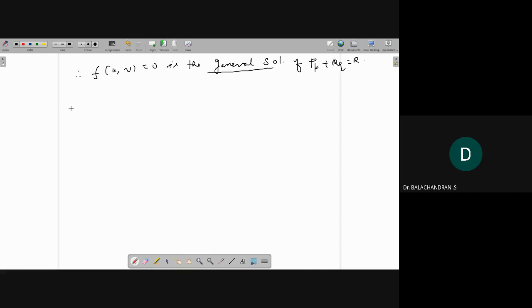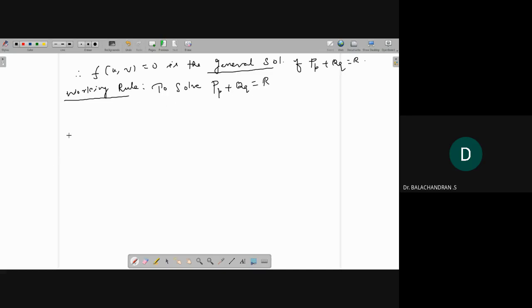Okay. So now working rule. To solve the Lagrange's equation Pp plus Qq equal to R, where you know that capital P and capital Q, capital R are functions of x, y, z, and small p is dou z by dou x, small q is dou z by dou y.